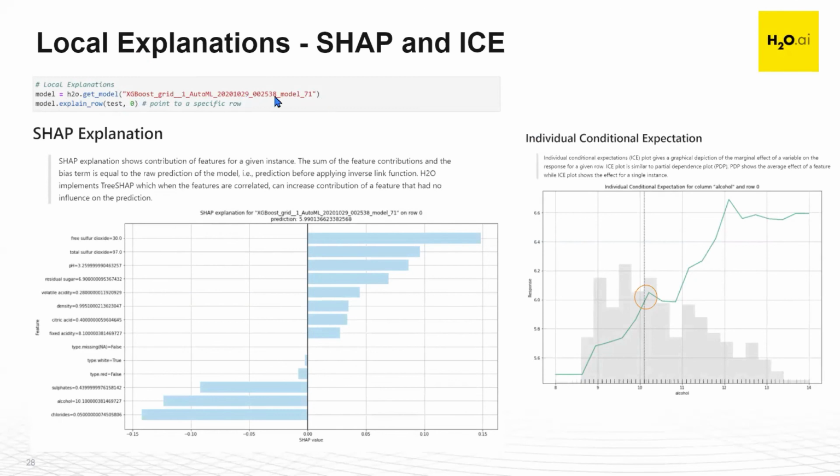It could be other models in this case, but this time we don't want to explain the whole model. We just want to point to the test data set, and this first row, in Python 0, this is 0 based, the first row of that test data set, I want to have some explanation of how different features contribute to the final predictions.